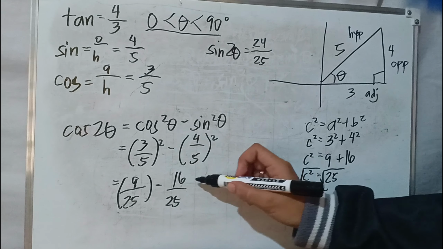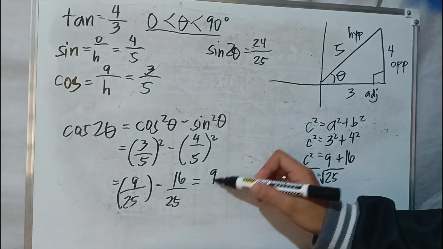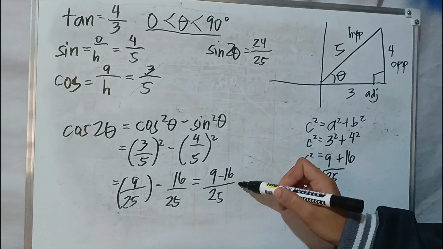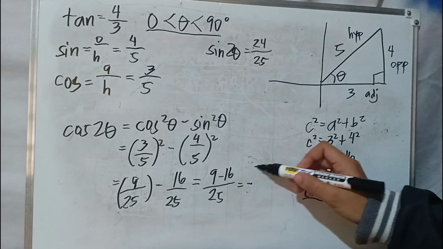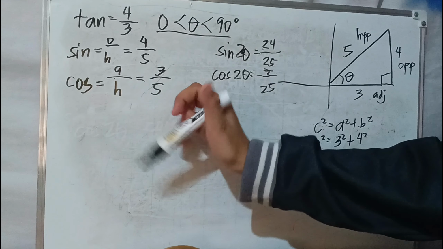So now, since they have the same denominator, we combine them. 9 minus 16 over 25 is equal to negative 7 over 25. And we have now the value of cosine 2 theta.